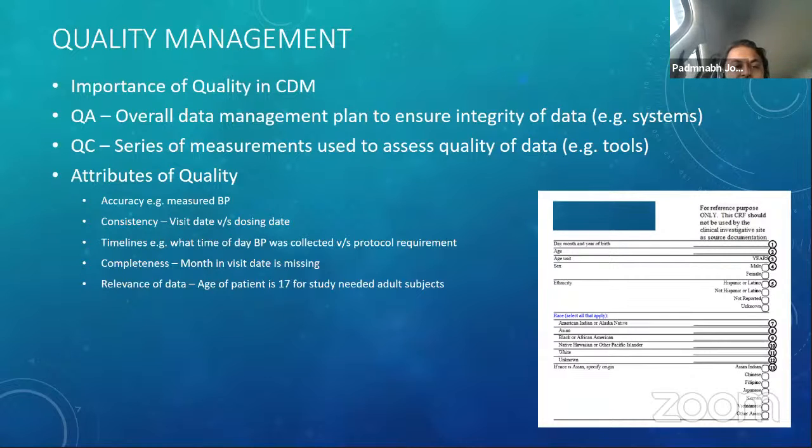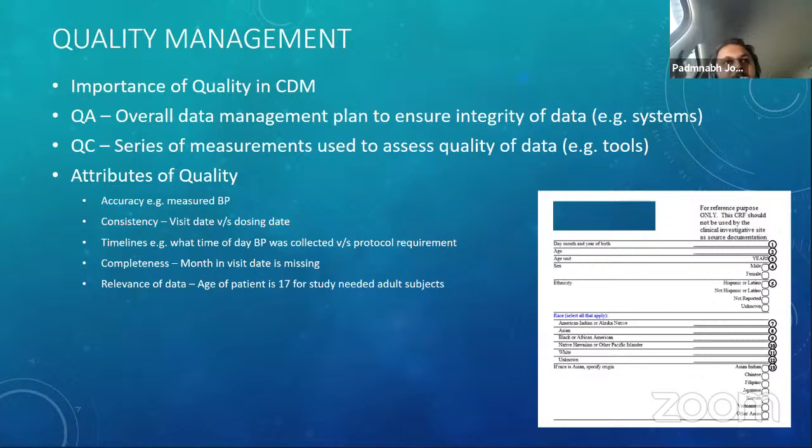Quality control is a series of measurements used to assess quality of data by using various tools and techniques governed in our system. To a point which Ms. Mansi asked earlier, there are other things we also reference, called SOPs or data cleaning guidelines, that supplement the data management plan.